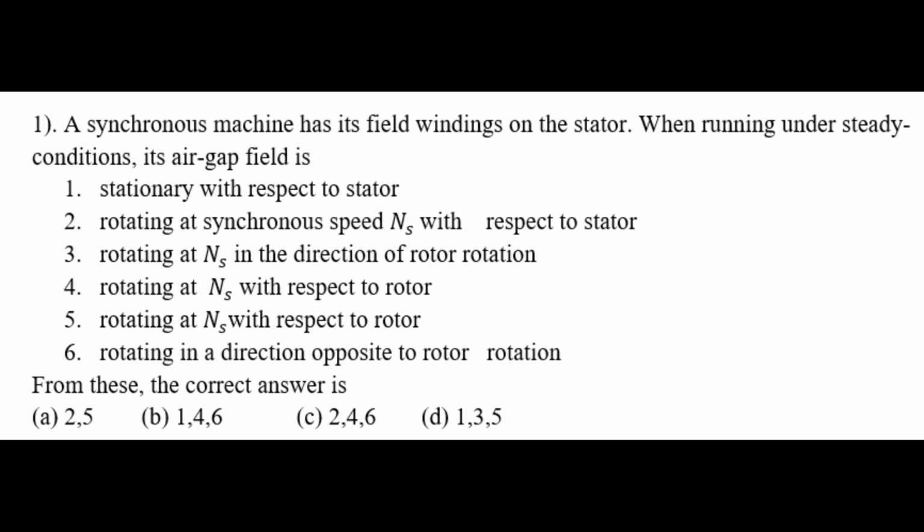Rotating at synchronous speed in the direction of rotor rotation. Rotating at ns with respect to rotor. Fourth and fifth statements are same. Rotating in a direction opposite to rotor rotation. Now, what is the correct answer here is the question.